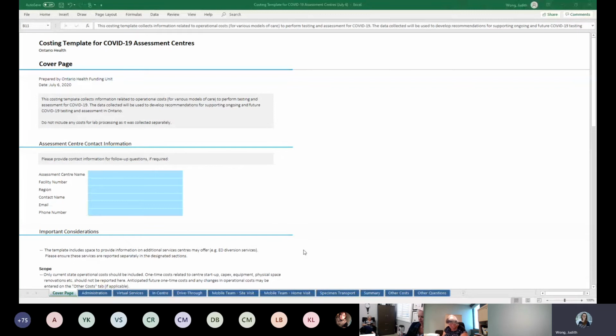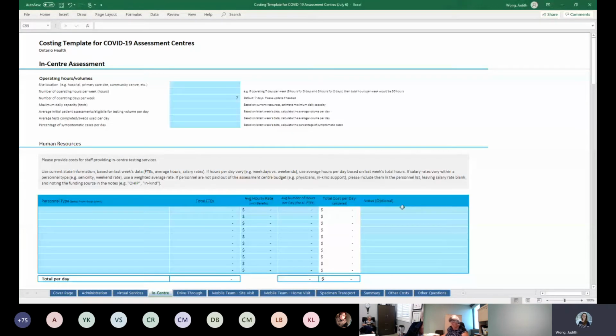Okay, so if that's all the questions, I'm going to keep going. I think we've touched on the future tabs already in answering some of these questions, so hopefully I can move through these quite quickly and get us done in time. Both in-center and drive-through are similar in terms of the information collected.